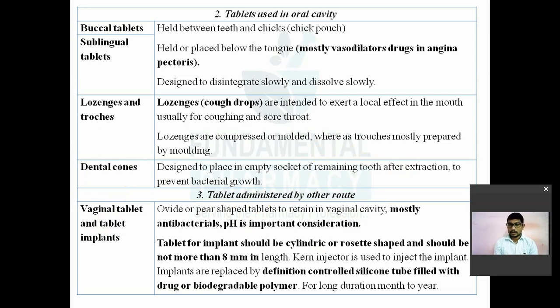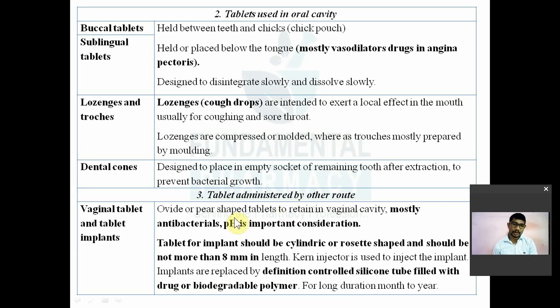After eating, some residue of food will remain in that socket, and that will create a healthy environment for microbial growth. तो इन दैट केस स्पेशली डिजाइन टैबलेट, they are known as dental cones. So they are placed in those empty sockets to prevent the microbial growth. That is the dental cones.